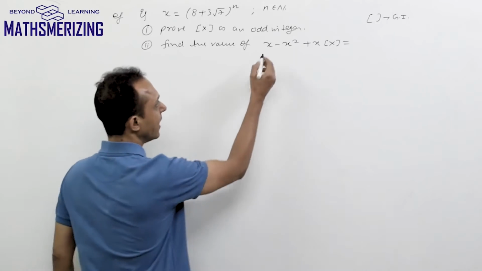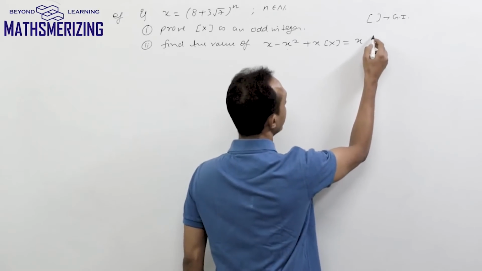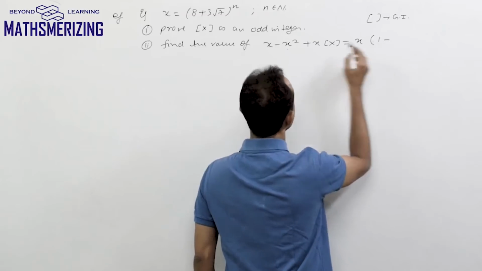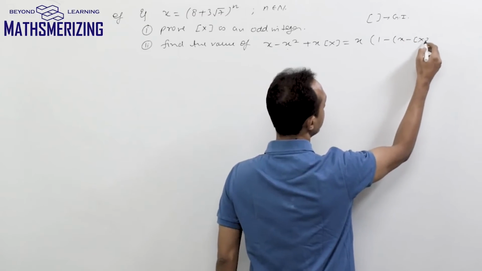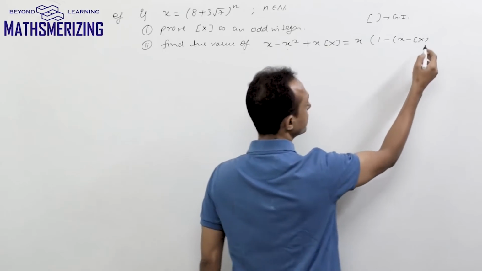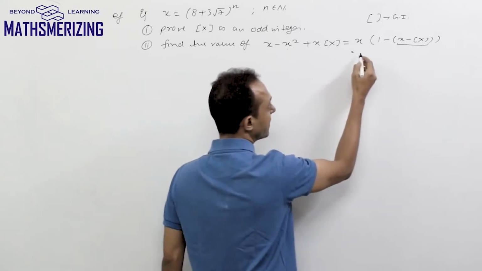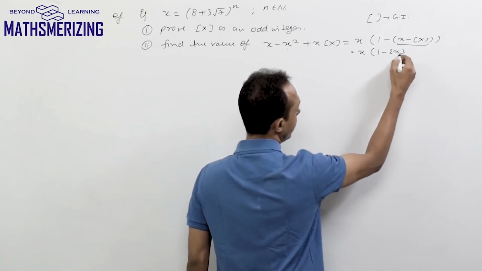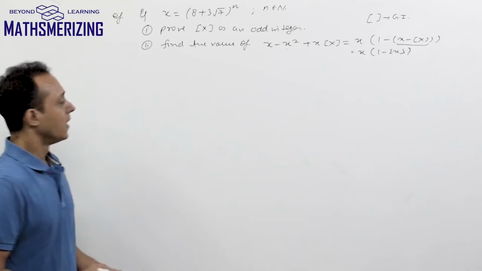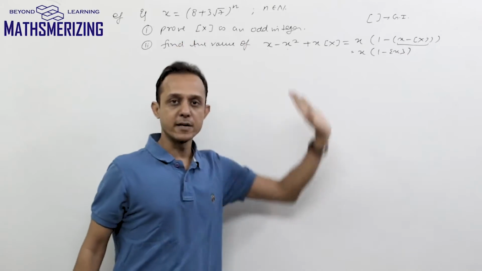Now here what I'll do is I'll take x common. So if I take x common, I can write x into 1 minus, I'll take the minus also common, so this is x minus the greatest integer function of x. Now x minus the greatest integer function of x is nothing but the fractional part of x. So I need to find x into 1 minus the fractional part of x. Now in this question we have both the greatest integer function as well as the fractional part function.